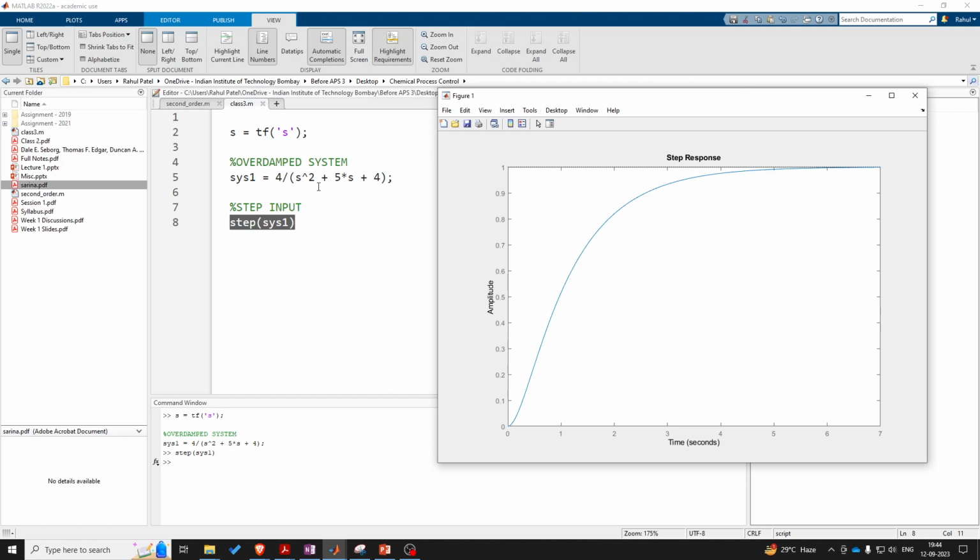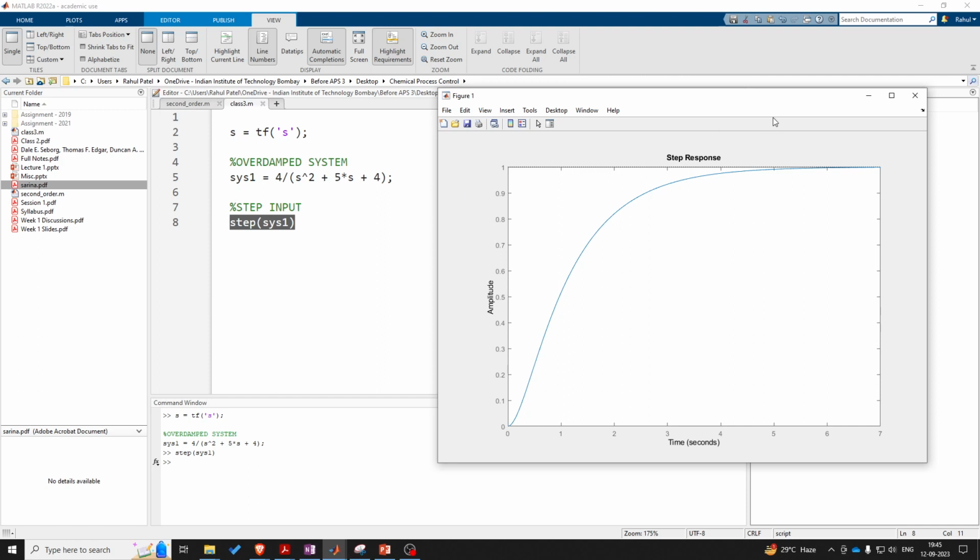Over here the denominator is given by S square plus 5S plus 4, and on the basis of the zeta that can be inferred from this denominator, we can say whether the system is overdamped or underdamped. So in this case the zeta will be greater than 1, that is why this is an overdamped system.